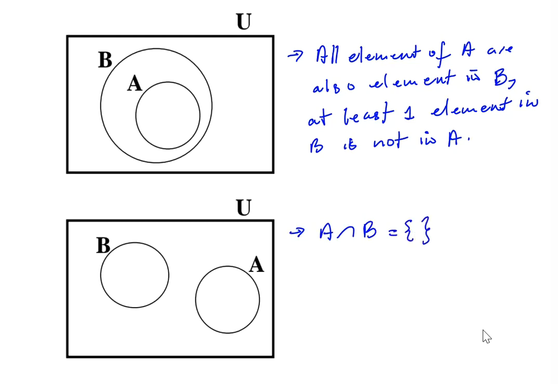In other words, there are no elements which are common to both A and B. So in such an arrangement, you'd use diagram 3, and in diagram 3, A and B are disjoint sets. So that's the end of this lesson on sets.